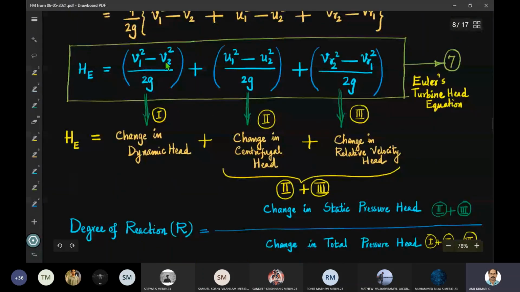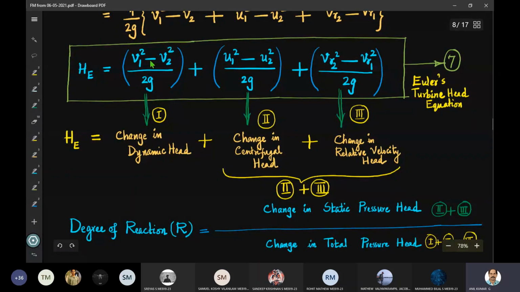See, the first term contains V1 square and V2 square, the second term U1 square and U2 square, and the third term VR2 square and VR1 square.